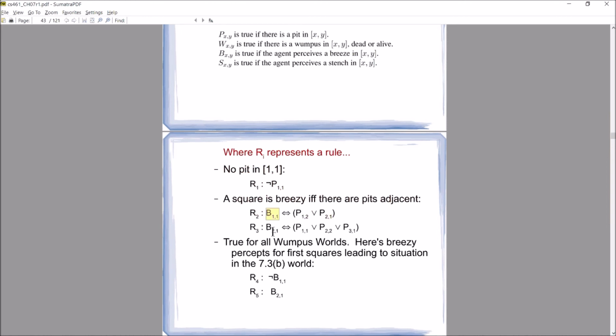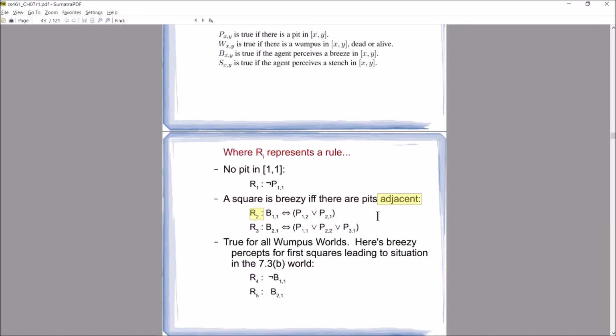Okay, and then if I also have detected a breeze in 2,1, because maybe I moved to both those squares during the course of the game, then there must be a pit in 1,1 or 2,2 or 3,1. And if there's a pit in 1,1, 2,2, or 3,1, then that implies there's a breeze in 2,1.